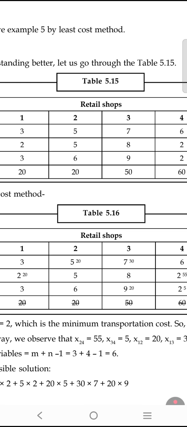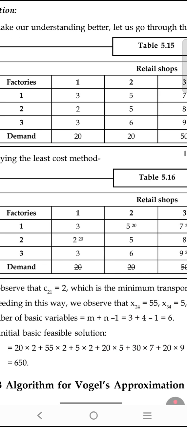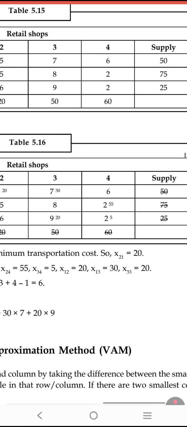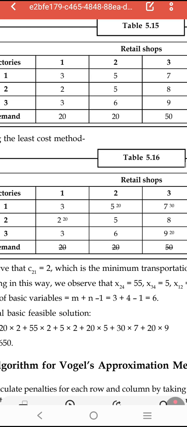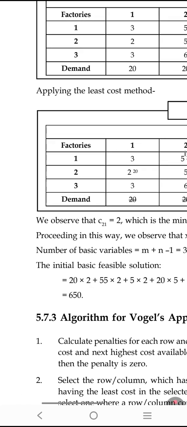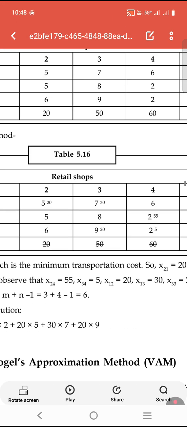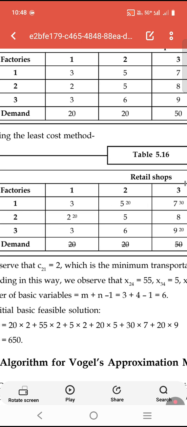The minimum cost in the transportation table is 2. We observe that C21 is the minimum transportation cost, and so X21 is 20.